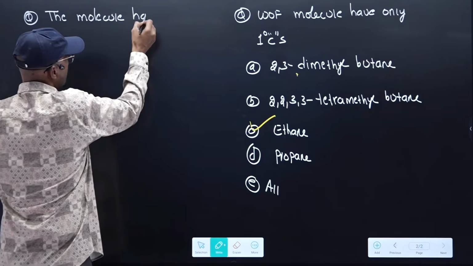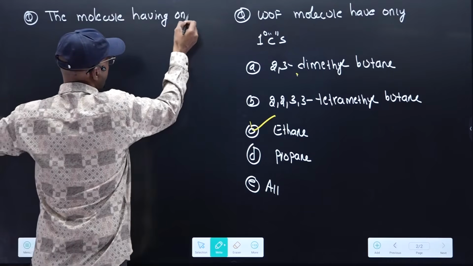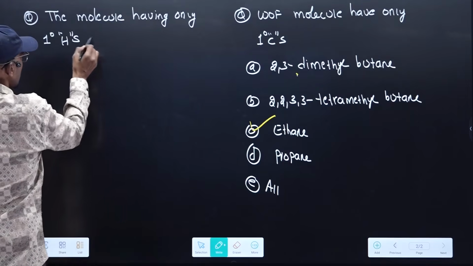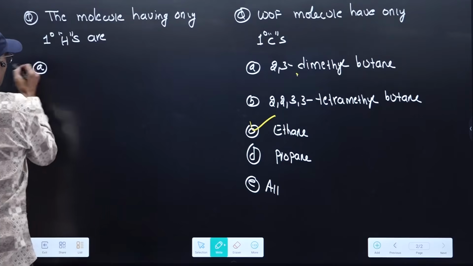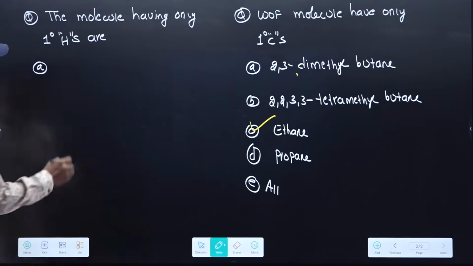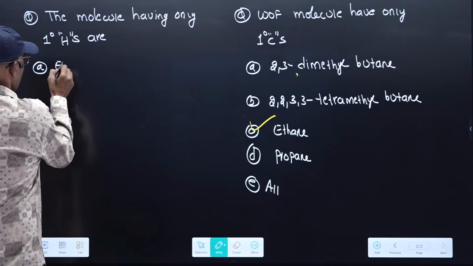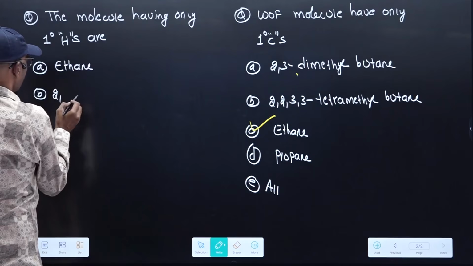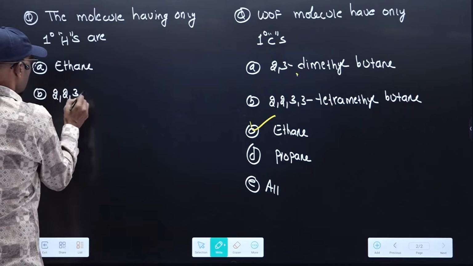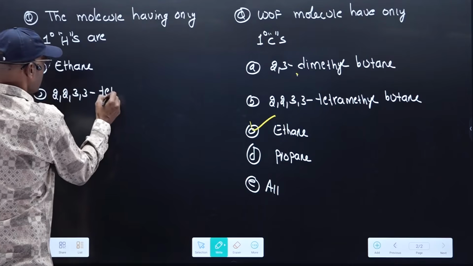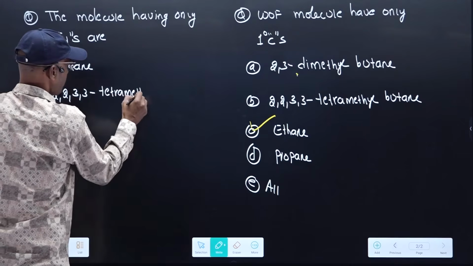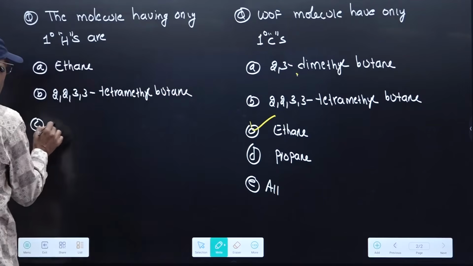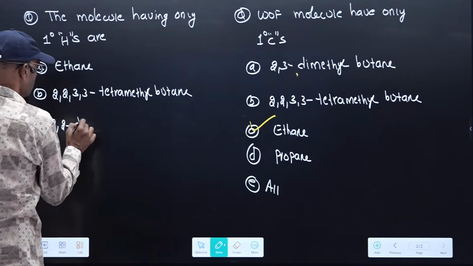The molecule having only primary hydrogens are. That is ethane, 2,2,3,3-tetramethyl butane, 2,2-dimethyl propane.